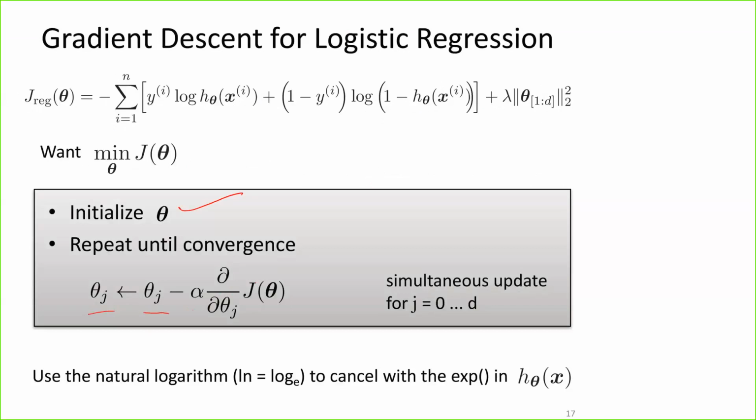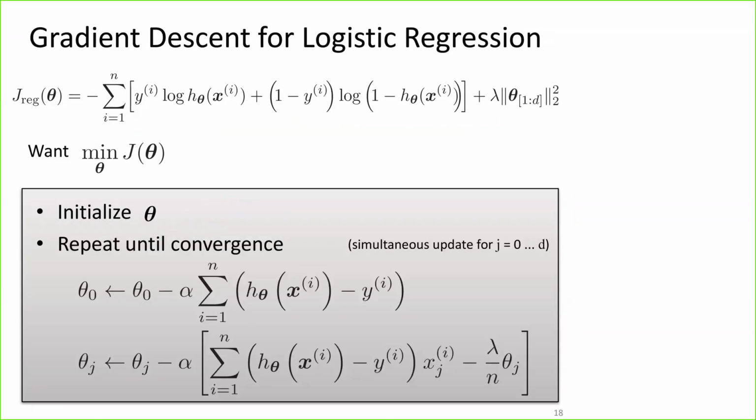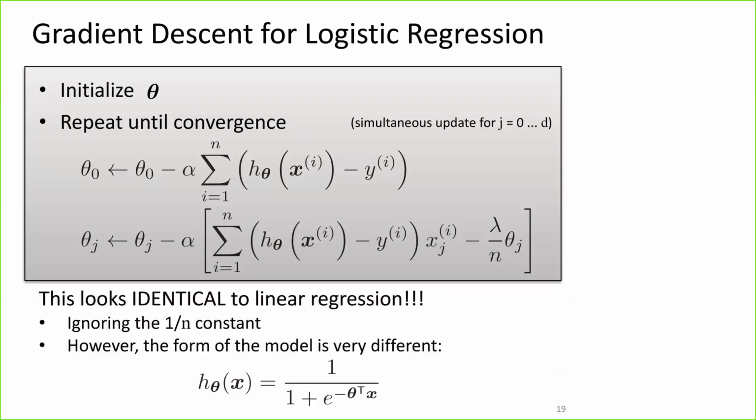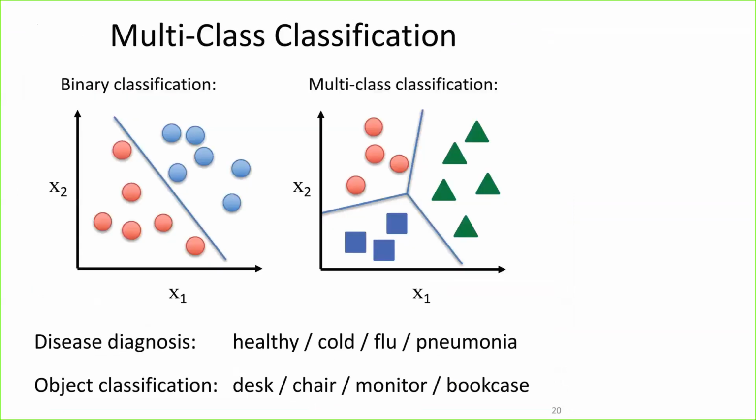But here the cost function is different, and the hypothesis representation is also different. According to this cost function, you have to compute the gradient. It turns out that the update rules are similar to the linear regression model, but the hypothesis representation is definitely different. There the representation is just theta transpose x. Here the representation is g of theta transpose x. That is different.